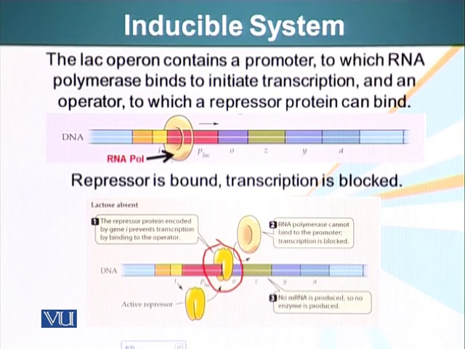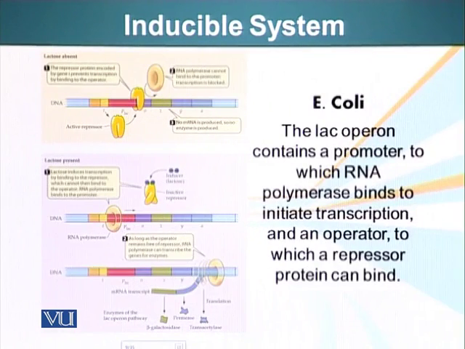When lactose is introduced into the system, lactose binds this repressor. We have already seen how conformational changes occur in enzymes, when we were talking about allosteric enzyme regulation. So here the principle is the same.